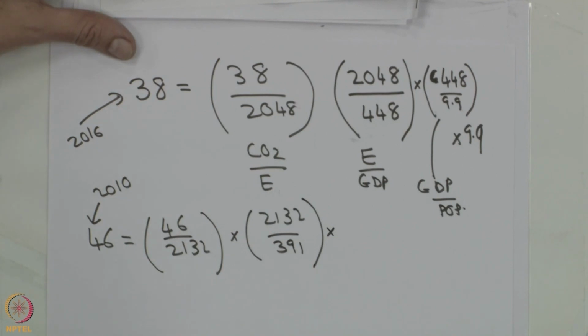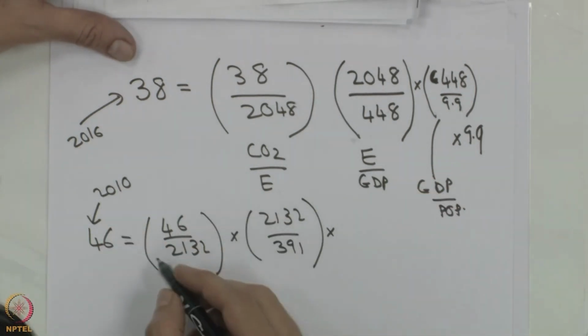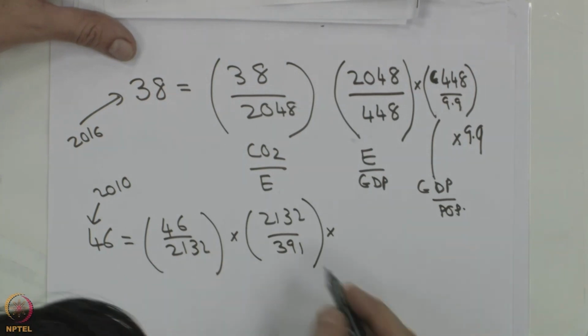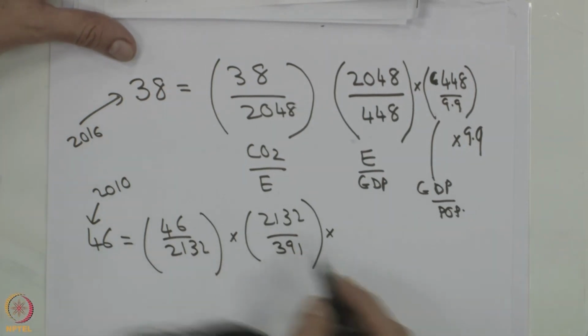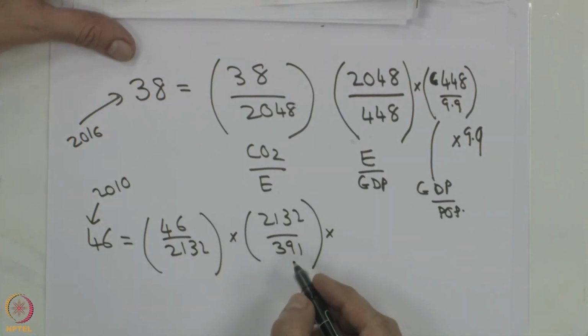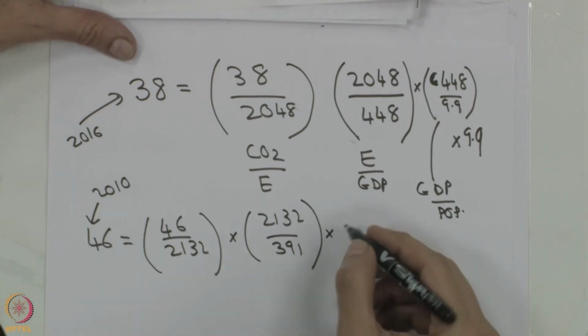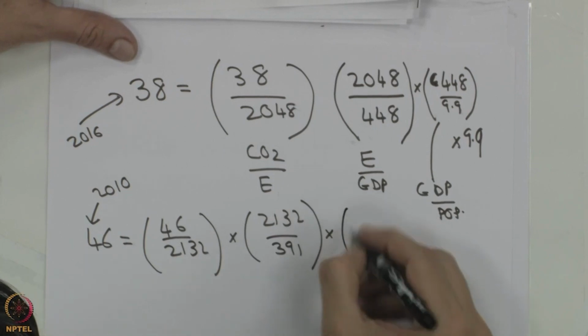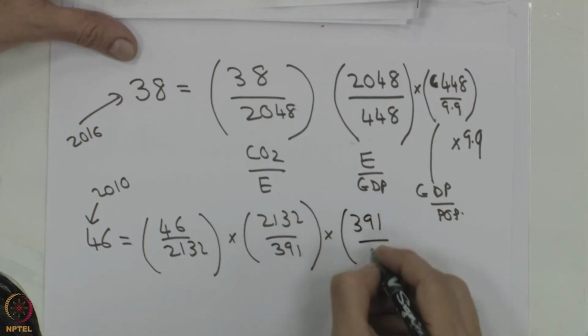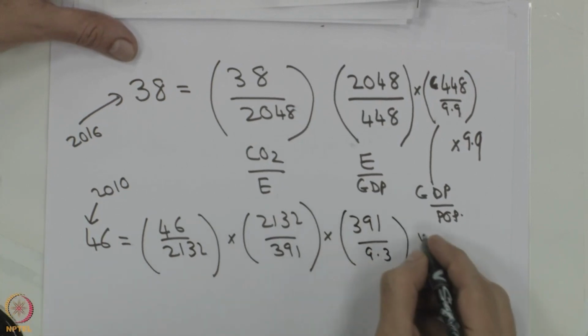Let's just check which years it was. Let's see the values. 46 is for 2010, and in 2010 we had this as 2132. The purchasing power parity was 391, and then this was 391 by 9.3, into 9.3.